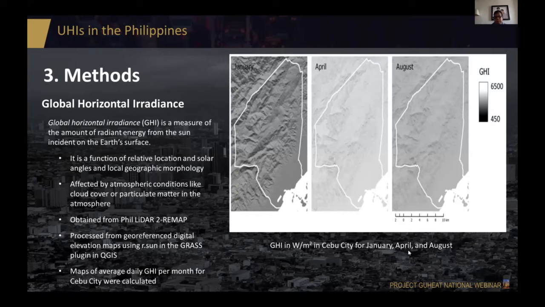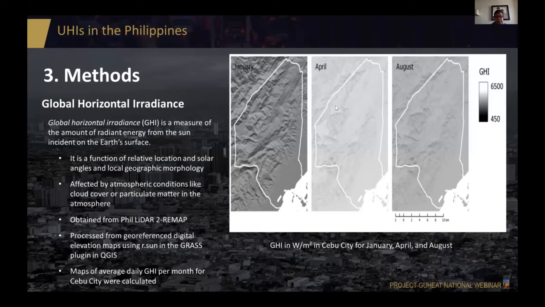April and May are considered the hot and dry season, while June to December is considered the rainy season.